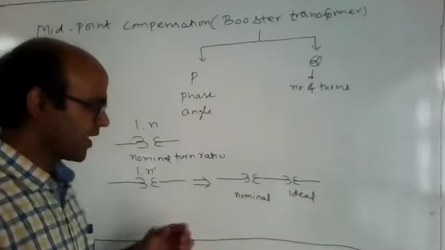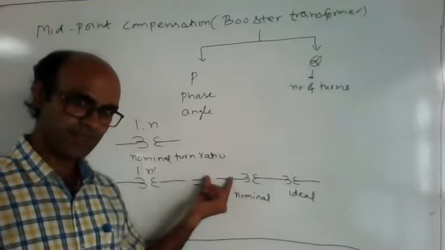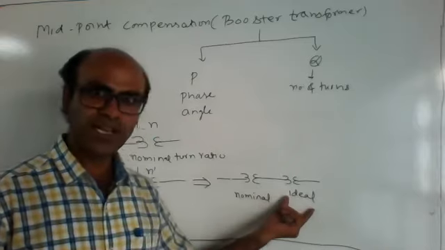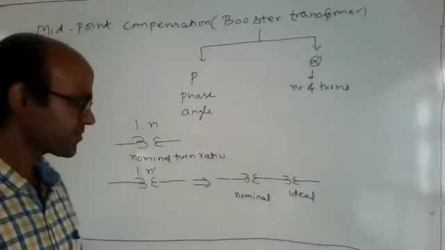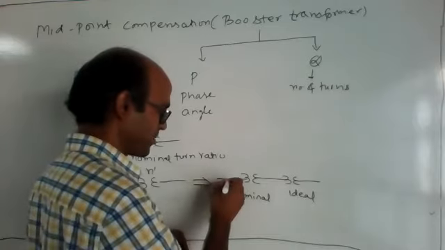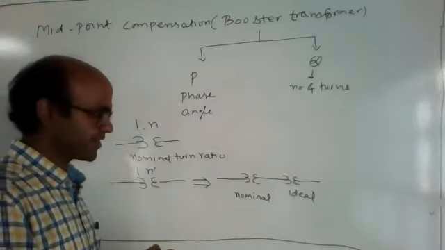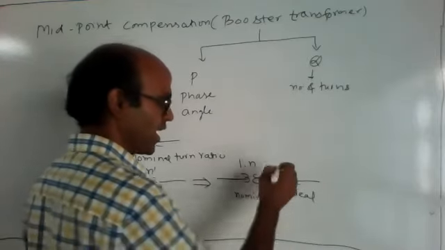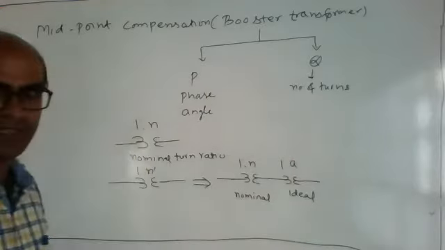You know, the nominal transformer has winding impedance, but the ideal transformer has zero winding impedance. That is the difference between the nominal turn ratio transformer and the ideal transformer. So this is 1:n turn ratio, and the ideal transformer has, suppose, 1:a turn ratio.